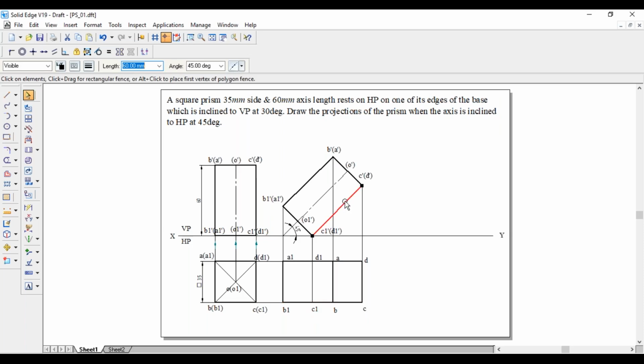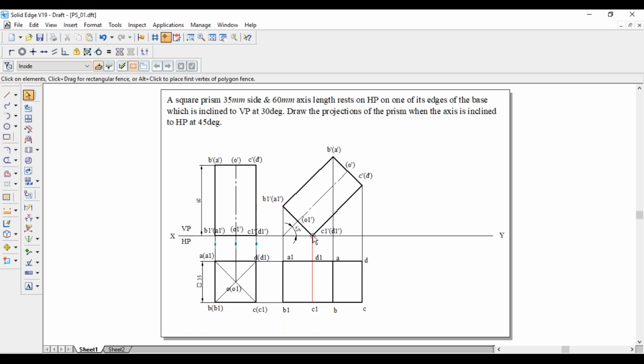But as it is coinciding with AC and BB1, because of that one, nothing to worry about CC1. Similarly, behind this line, we have D dash D1 dash. That is also coinciding with this line and this line. So because of that one, nothing to worry.